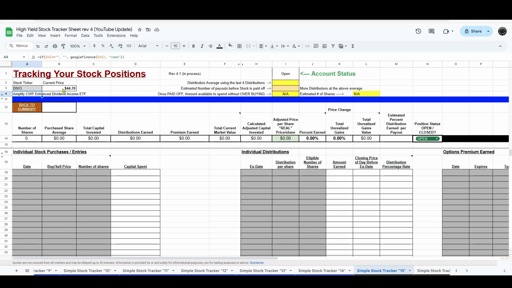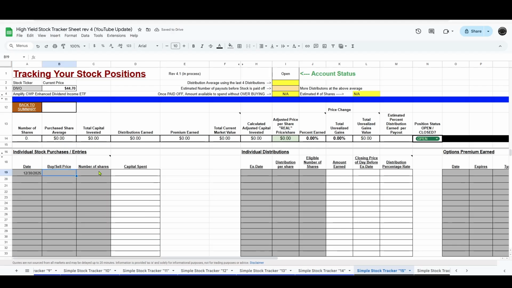And this is basically what you would do if you were entering in your own stock tickers to track your positions. You would have a blank sheet like this where you would enter in your ticker symbol, and then you enter in your purchase, because that's obviously the first thing you have done if you opened a position. And I purchased these on 12/30, and I got them at $45.30. And I purchased a total of 12 shares.